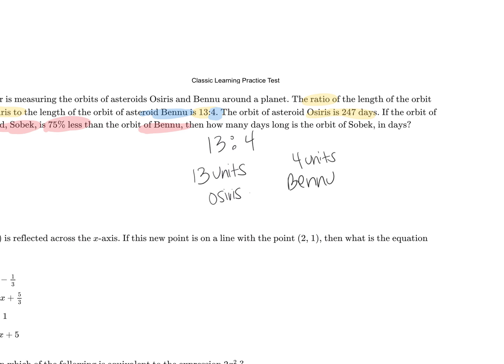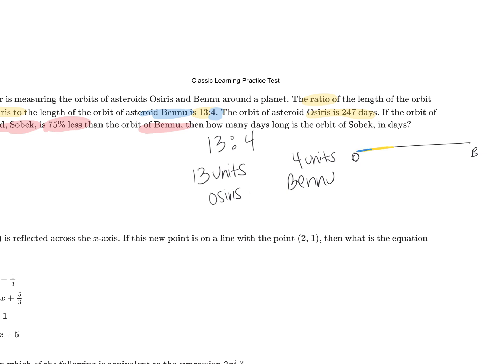So if we kind of thought of a path between the planets, let's say this is Osiris and this is Bennu, for every 13, let's say that's 13, the other asteroid only goes 4.